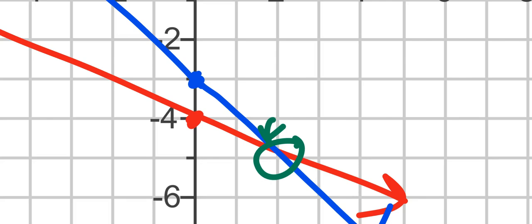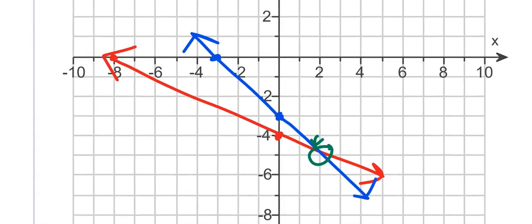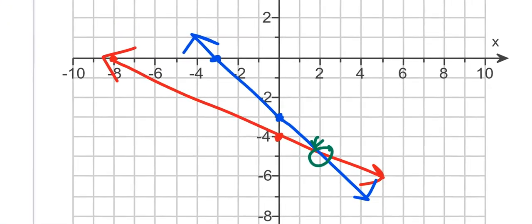Now, those of you with the straight edge are probably going to be better than me, because you want to be more accurate. So what should the answer be? Negative 5.